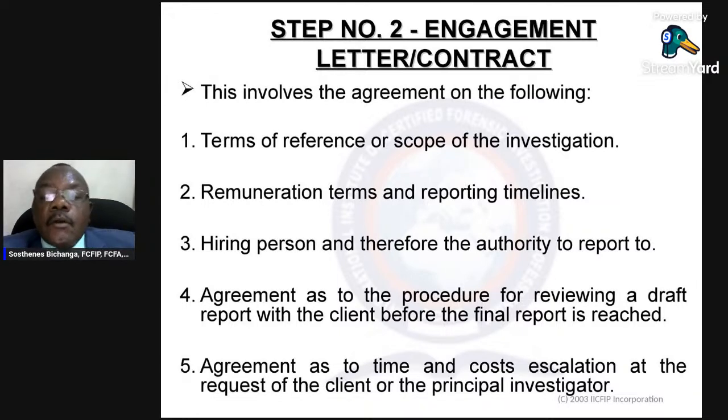Forensic audit or investigation is an investigative activity undertaken by an independent forensic practitioner, a certified forensic investigator, to provide an opinion to a principal, the shareholders, over a subject matter, financial statements, which is the primary responsibility of another person, the directors, against a given criteria or framework, on whether any financial wrongdoing occurred or not.